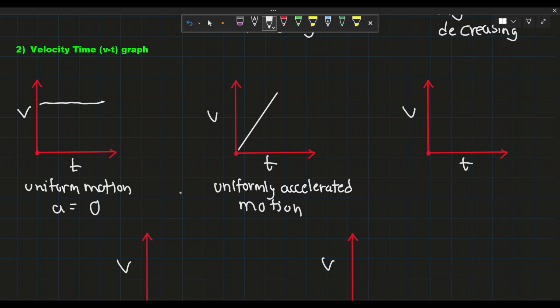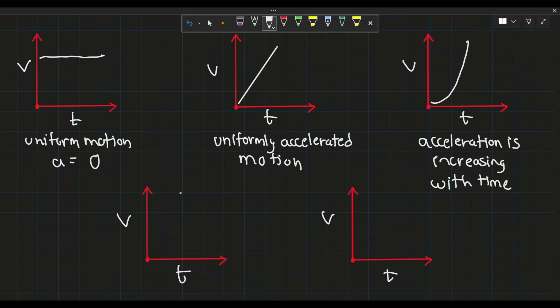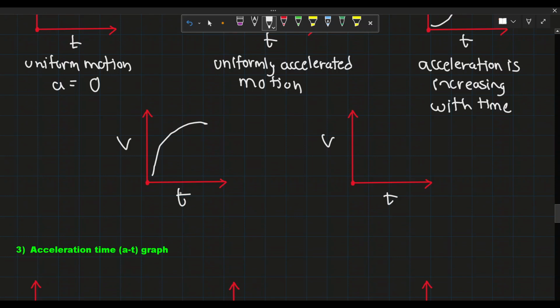Your third graph would be like this, where you can see that acceleration is increasing with time. Your fourth graph is like this, where your acceleration is decreasing with time, or you can say that the body is retarding.